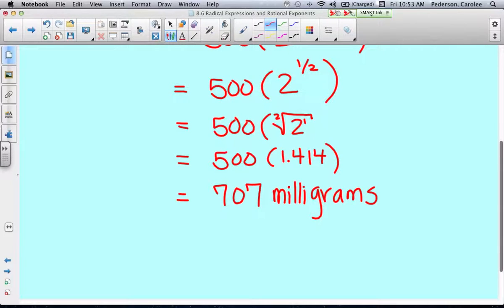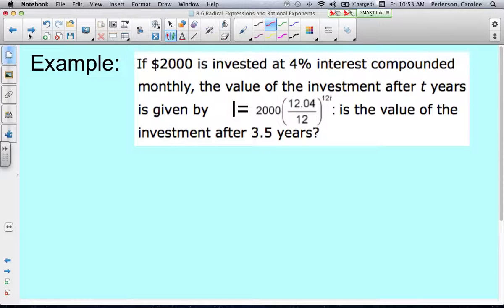All right. The last example is a word problem. This one I would recommend you write down. Just go ahead and write the formula. Interest.